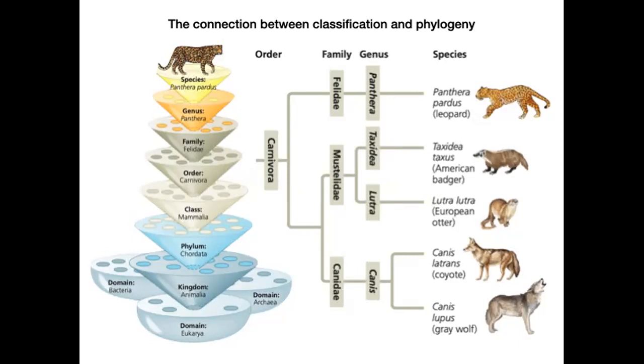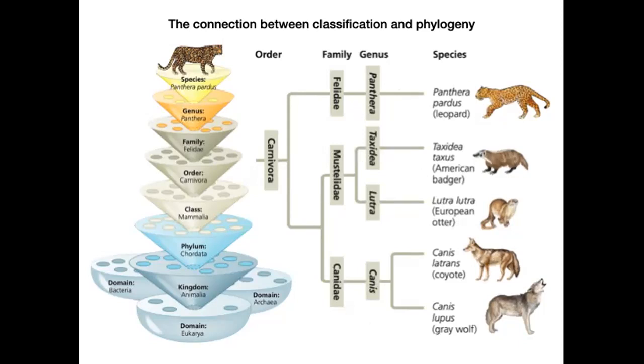And we know that trees show evolutionary relationships between some of the taxa. Say, for example, this phylogenetic tree right here tells us that Panthera is the outgroup for this one, while American badger and European otter are more closely related than any other species considered in this cladogram.